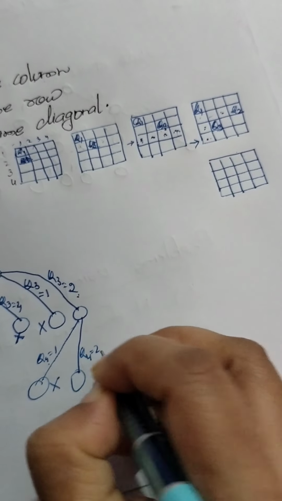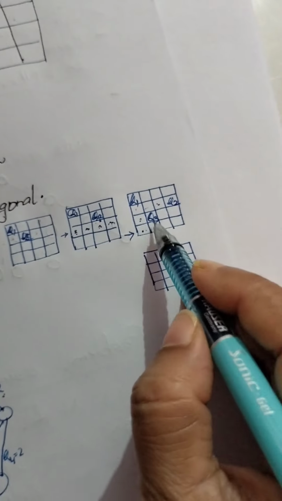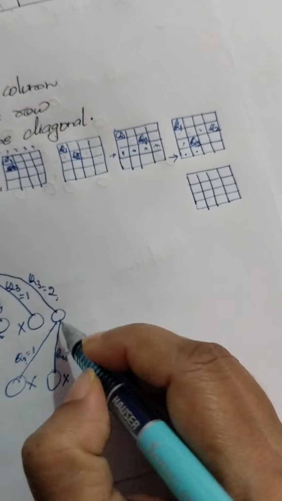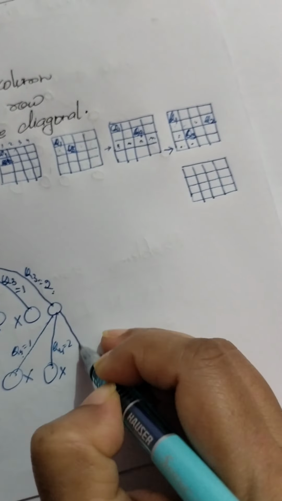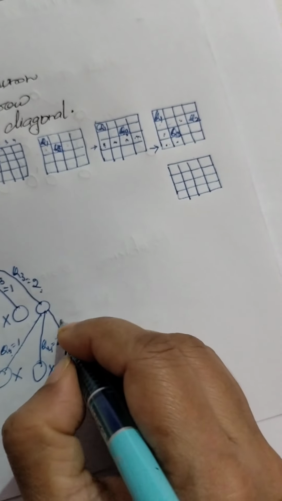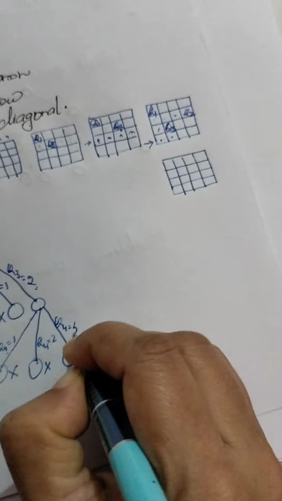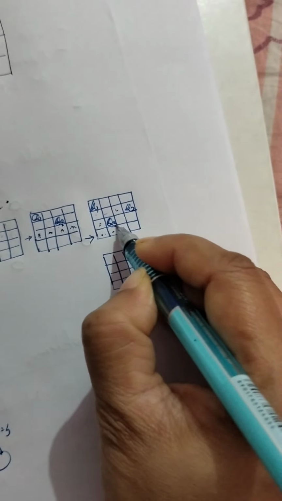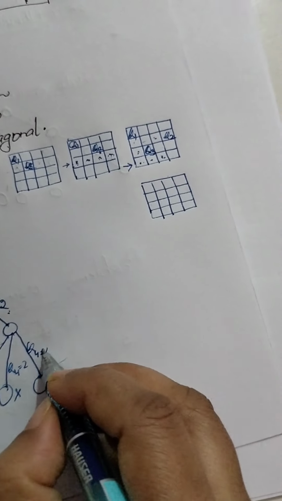Q4 equals to second column. Check for the second column. No, Q3 and Q4 will be in the same column, so kill that node, go one step back, again check for Q4 equals to third column. Can we place Q4 in the third column? No, Q3 and Q4 are in diagonal position.